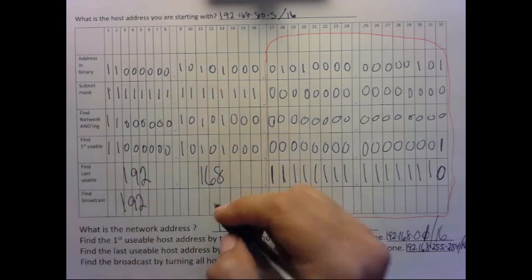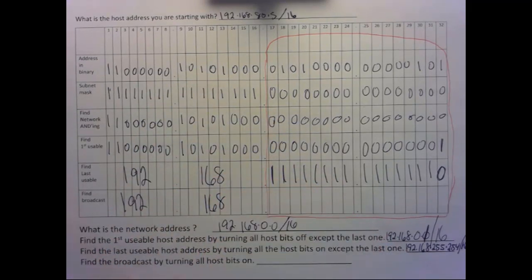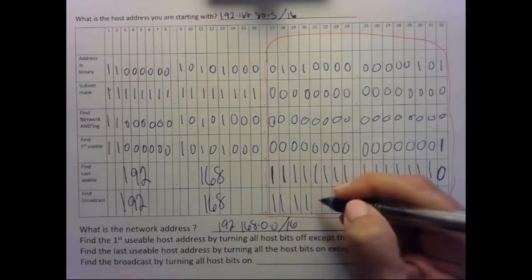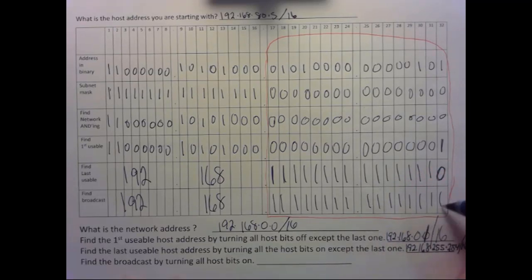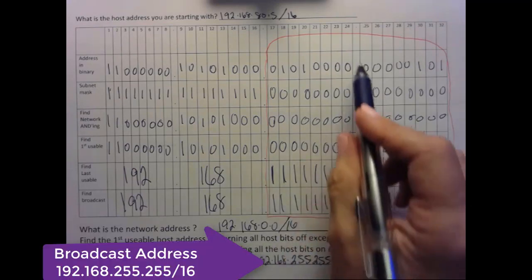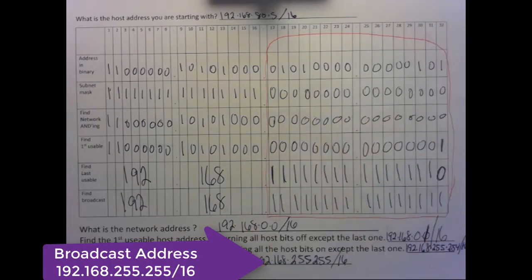Now, definition of a broadcast, same thing. Let's just carry this down because we know those stay the same. But what's the definition of a broadcast? It's when the host bits get turned on. So that's nice and easy. All of these are on. 192.168.255.255 slash 16. Alright, so we've just manipulated these host bits to figure out what the range is.